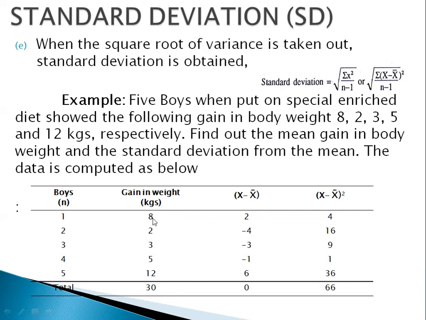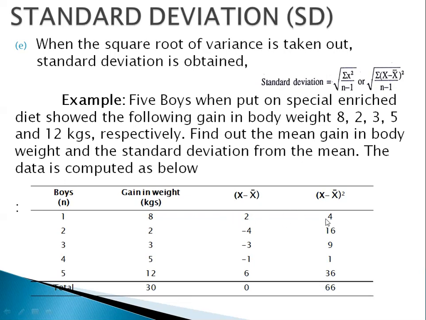So for x minus x bar, that is 8 minus 6, the answer will be 2. The same needs to be done for each and every observation, and you will get this column of x minus x bar, and we have to square it.